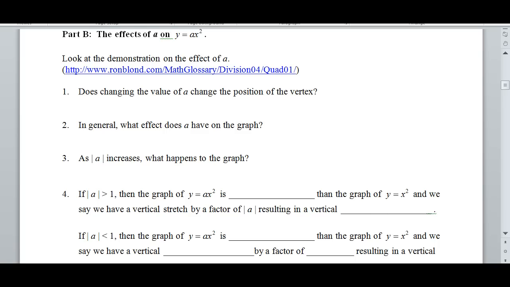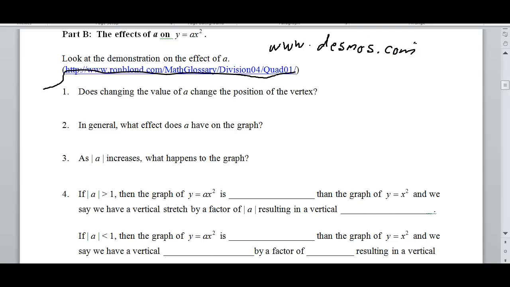Moving on to part B, we're going to look at the effects of a on y equals ax squared. You can look at the website on the worksheet, but we're going to go to Desmos.com.